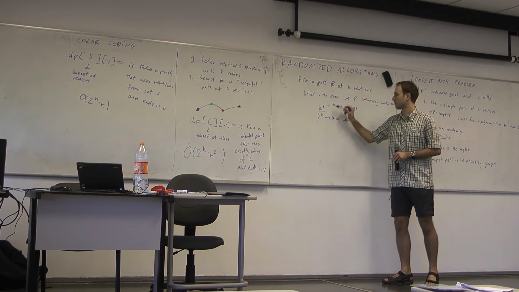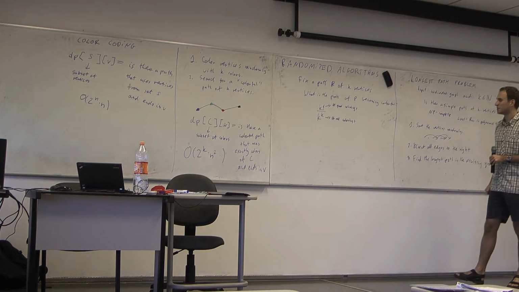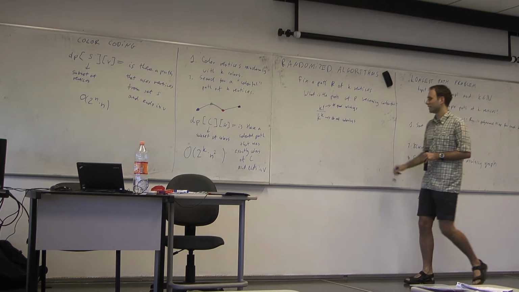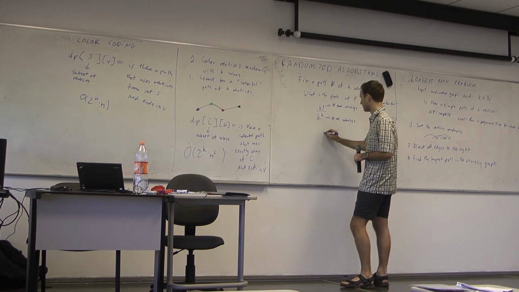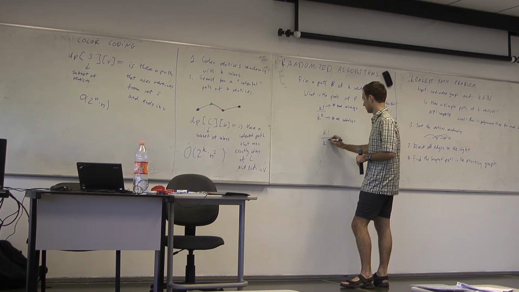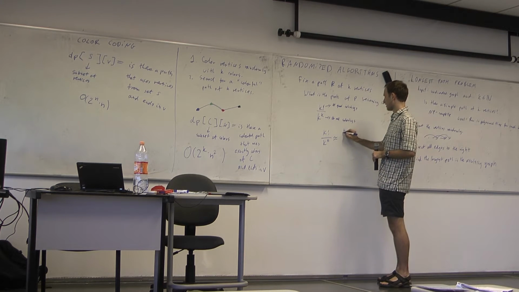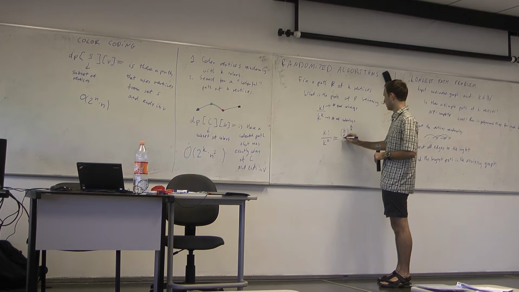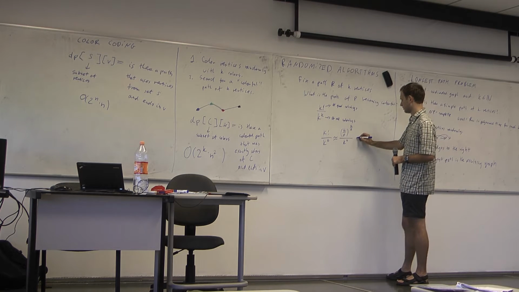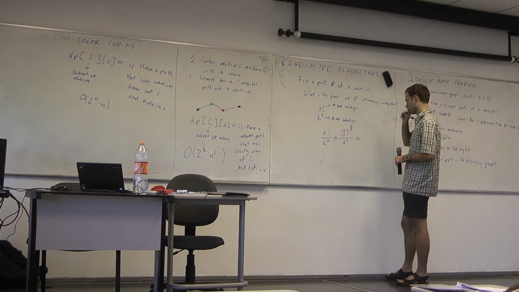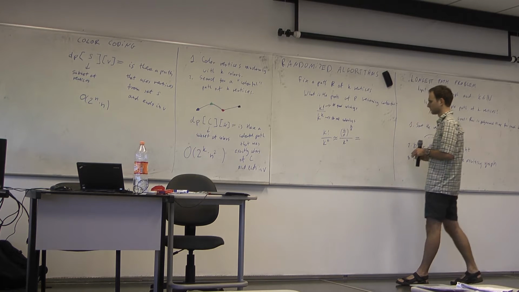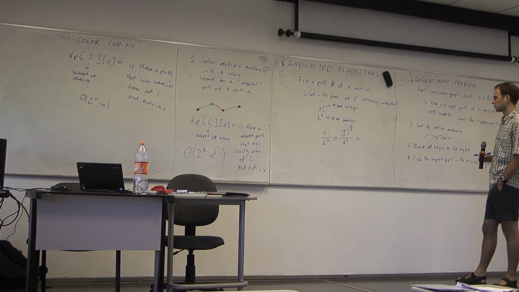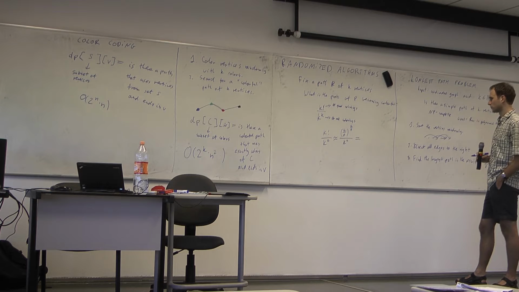So this is the probability of this path surviving our simplification step, and we can show that, as I wrote before, this is something like k over e to the k, over k to the k.